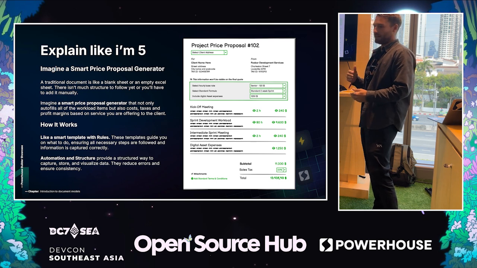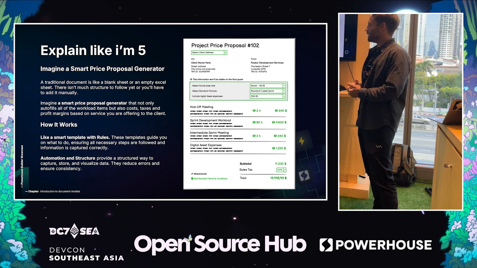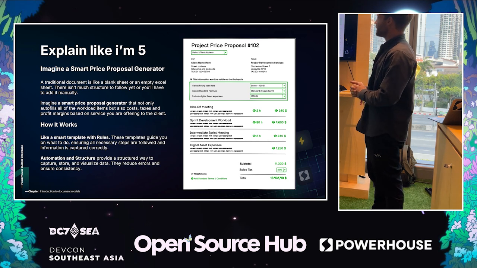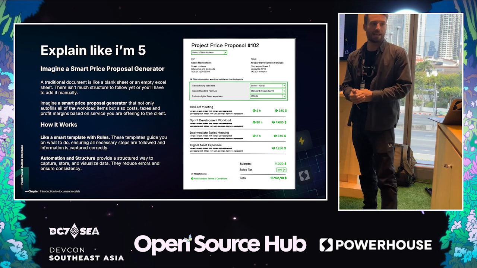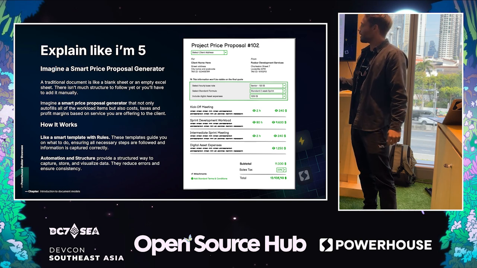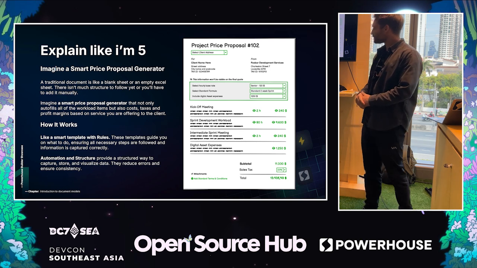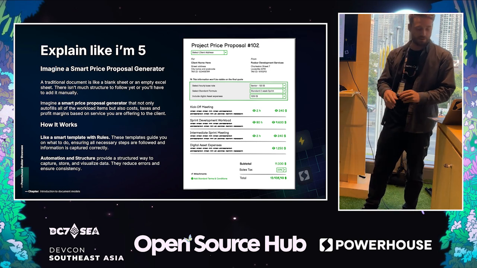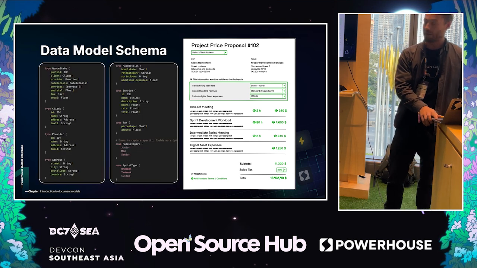What you're doing here is making use of a smart template with rules that guides you through all the necessary steps so that the information is captured correctly and you're not missing any of the essential information. But additionally, it also offers you automation and structure, because it helps you to reduce errors and capture and store the data in a structured way.